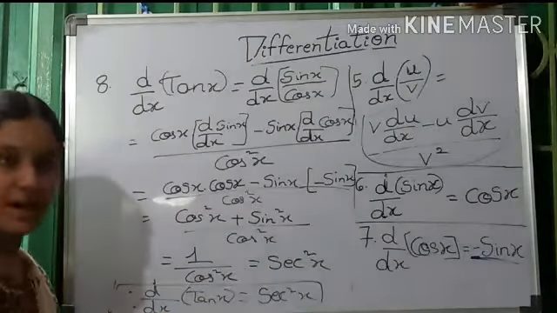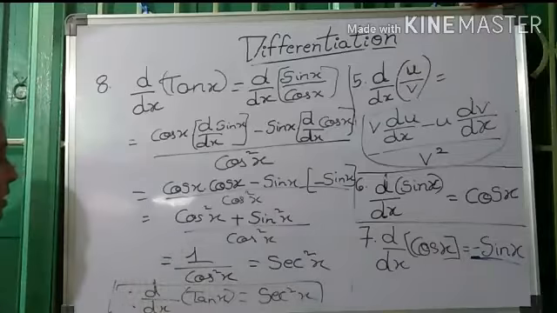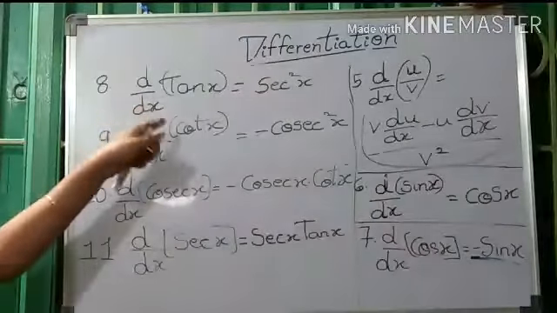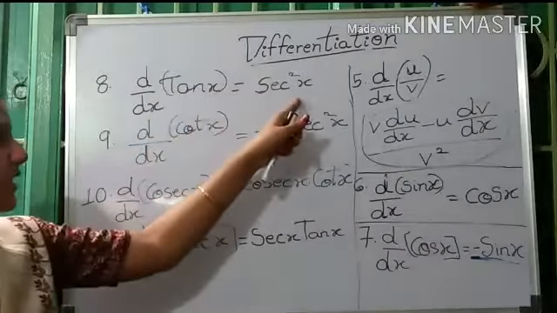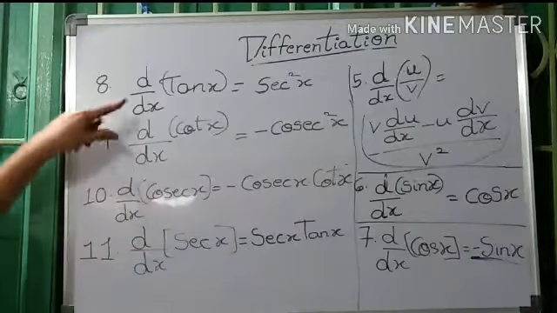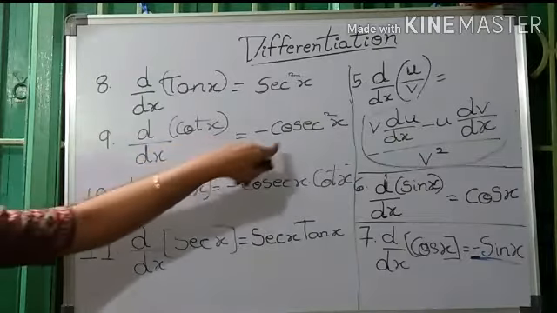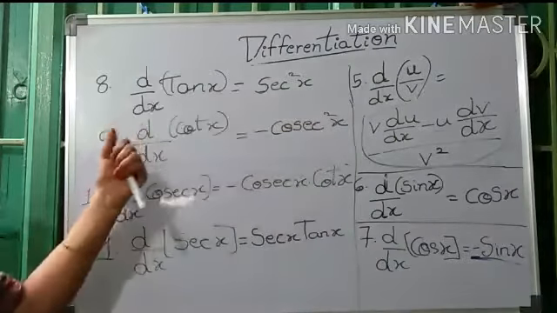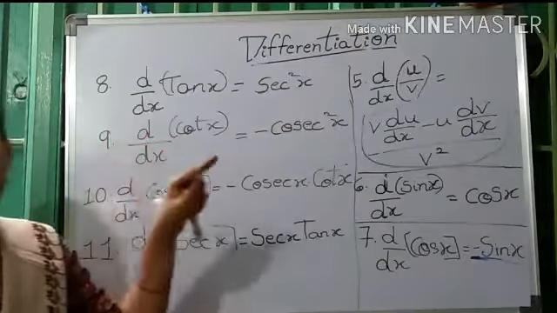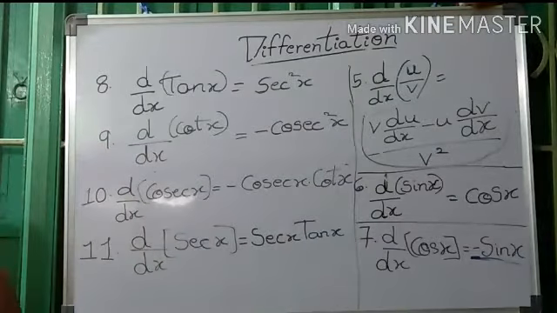Similarly, we can try others. I have derived already that d by dx of tan x is equal to secant square x. Similarly, derive d by dx of cot x. Try to derive this. d by dx of cot x is equal to minus cosecant square x, as cot x can be written as cos x by sin x.